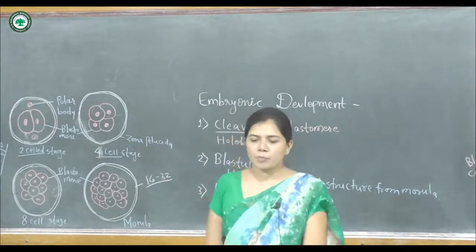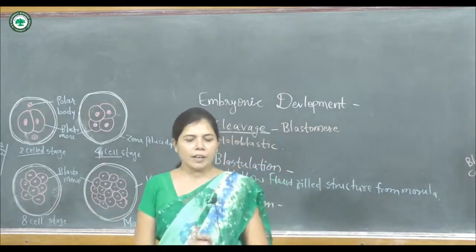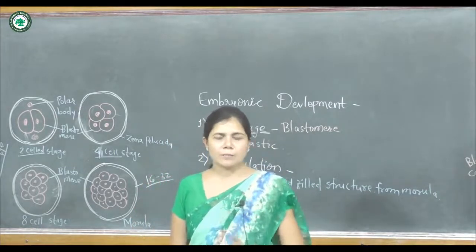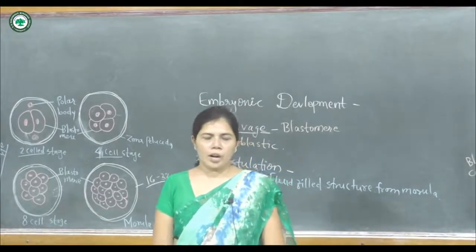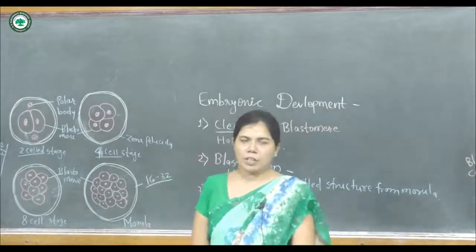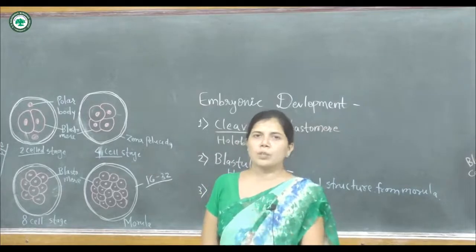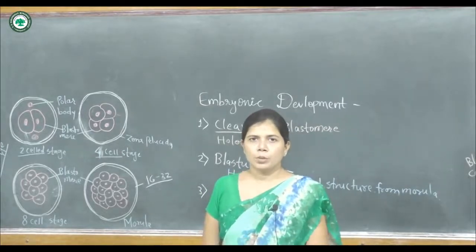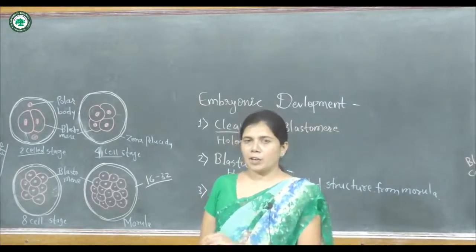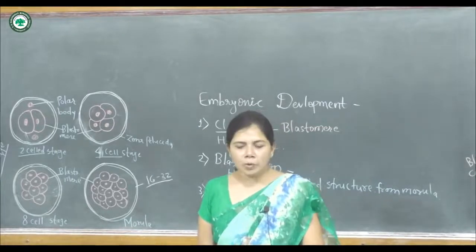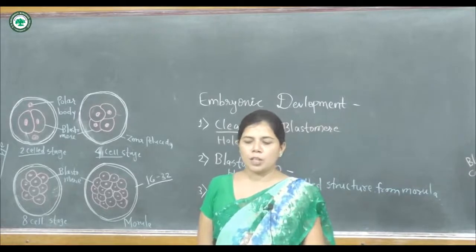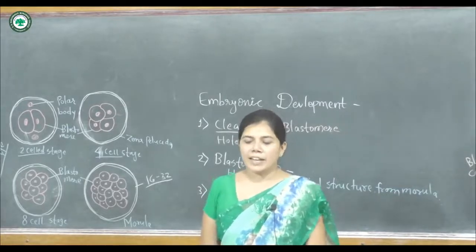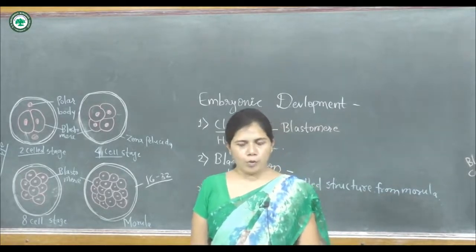After the formation of morula, it enters the uterus. At the end of cleavage, the morula is pushed towards the uterus through the isthmus, and it gains entry into the uterus by the end of the 4th day.